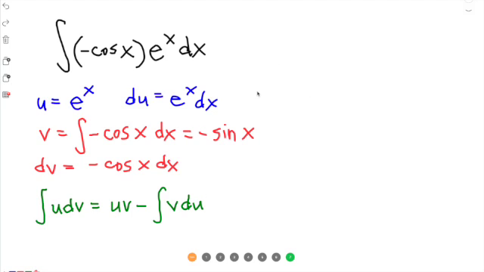Okay, again, writing down this integral would just be equal to uv, that would be e^x. Okay, let's stick to our color code. That would be u v, e^x multiplied by v, negative sine x, minus the integral.